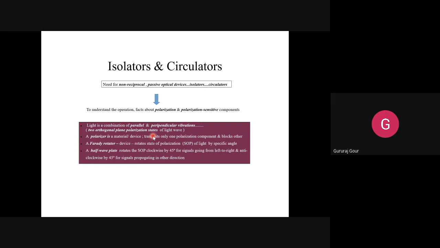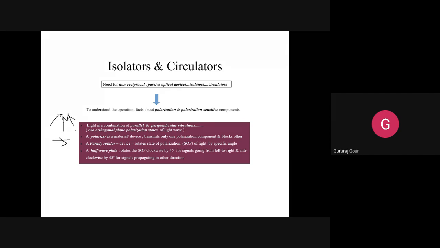A polarizer is a device or a material that transmits only one polarization component and blocks the other. For example, if you are looking at this rectangular section here, and you are getting a light ray coming in this direction, suppose this light ray may contain field components, some oriented like this, some like this, and some like this.